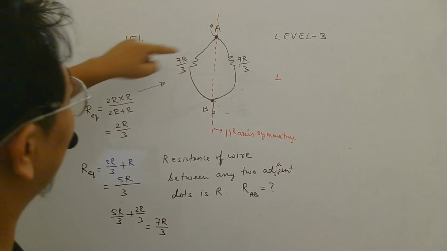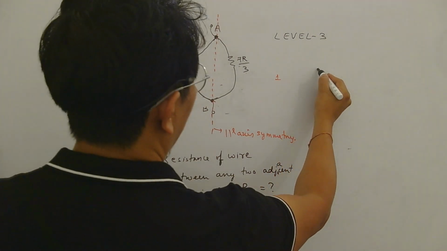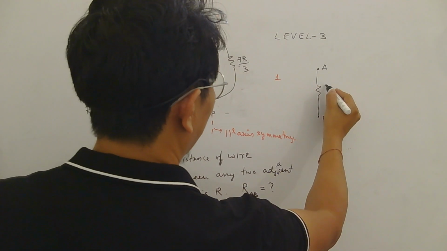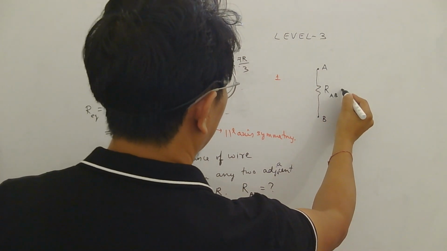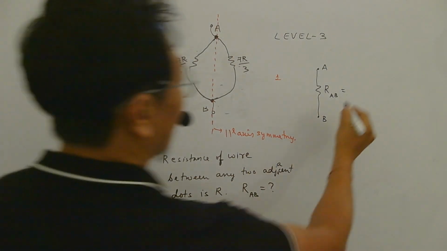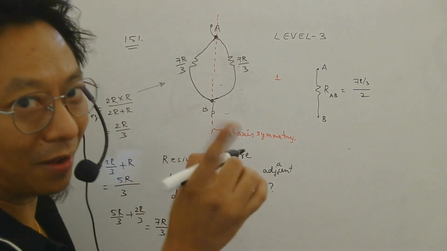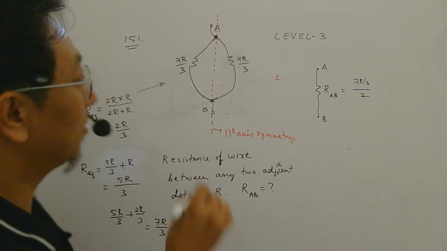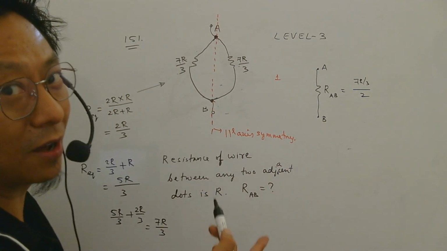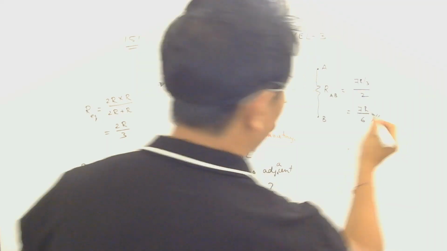And finally, between A and B, these two are having same voltage. So finally, between A and B, the equivalent resistance is 7R by 3, and 7R by 3 in parallel will be 7R by 3 by 2. R and R in parallel is R by 2. So 7R by 3, 7R by 3 in parallel will be what? 7R by 3 by 2. That will be 7R by 6, isn't it?